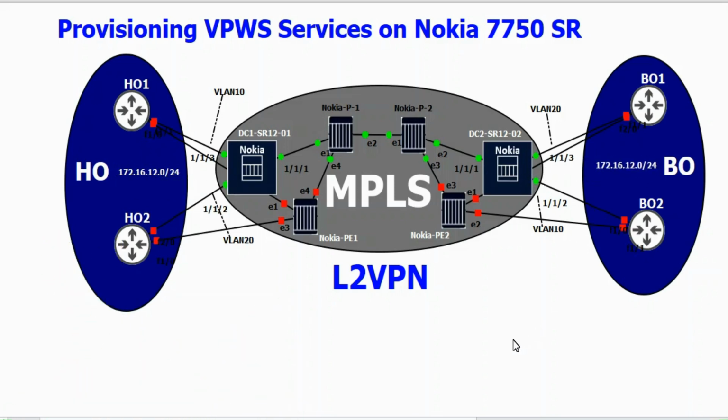So we are using the same subnet at head office and branch office. We'll see later the different subnets on VPLS and EPIPE as well, but this session is only with the same subnet. You are going to establish the L2VPN via this MPLS for the head office and branch office.